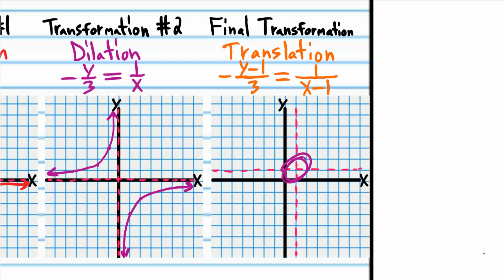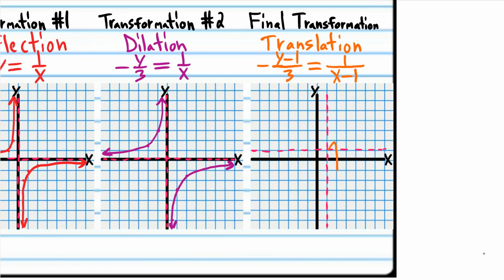Pretending that this is the origin, we go to the right 1 and down 3. So that point goes there. And this point here is 2, negative 1.5. So out 2 and down 1.5. We get that point there. And this point down here is 1/2, negative 6. So that point goes there.